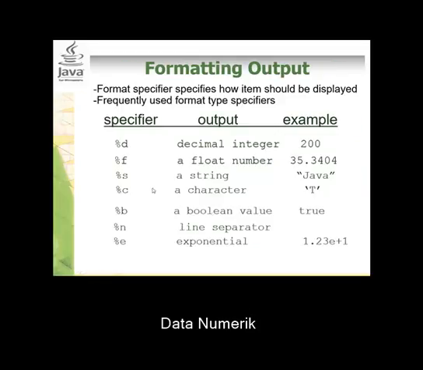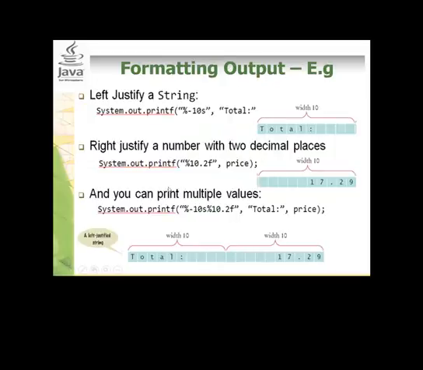The s here refers to a string with a width of 10, and then %10.2f is another width of 10 for the number with 2 decimal places. You can see a left justified string for the first one, and then the second one is for this one. So we have %10s and %10.2f, referring to total and price.